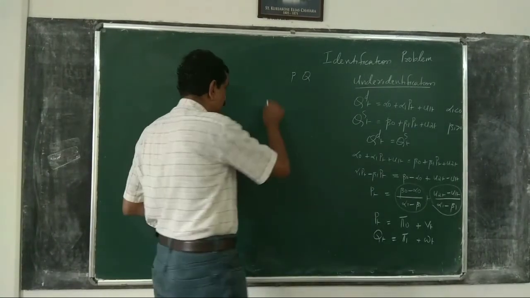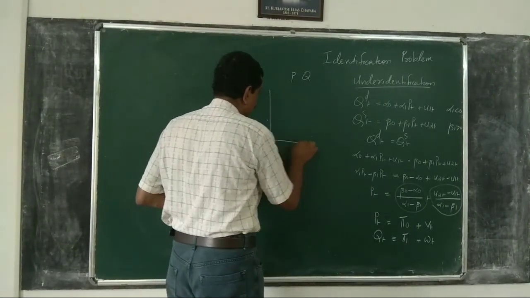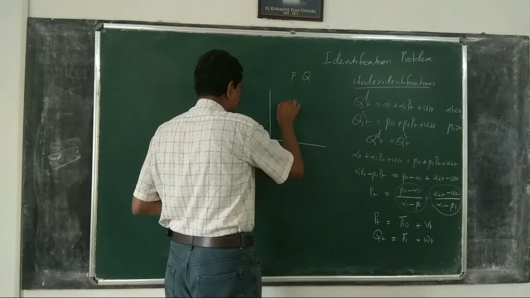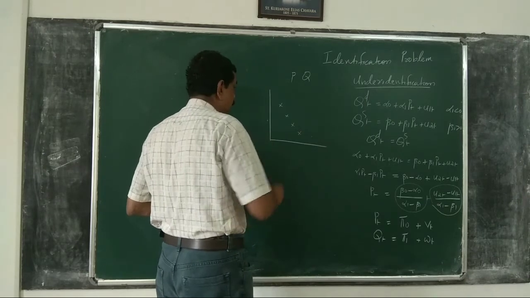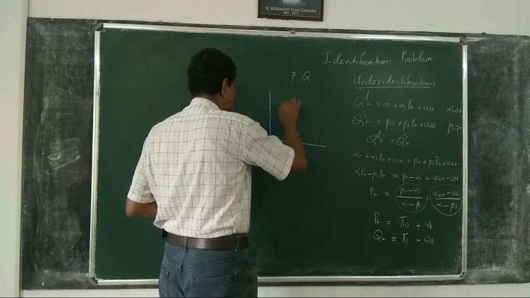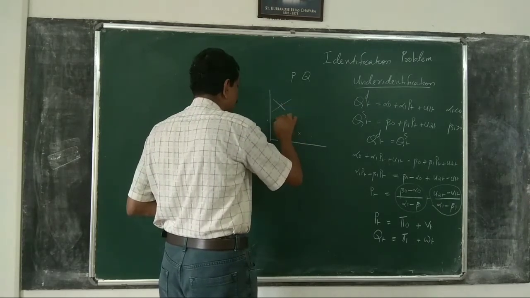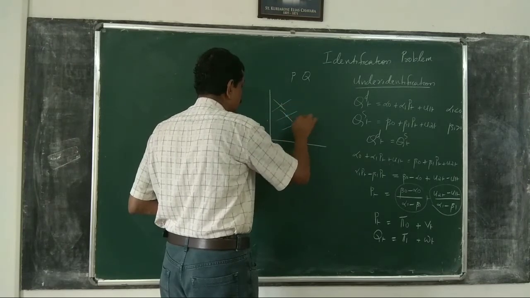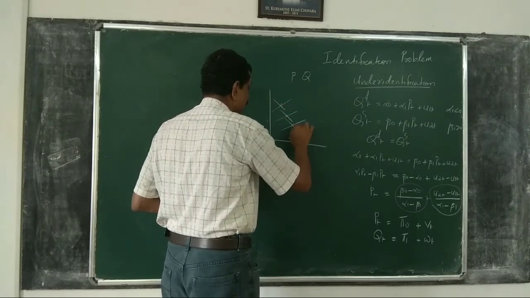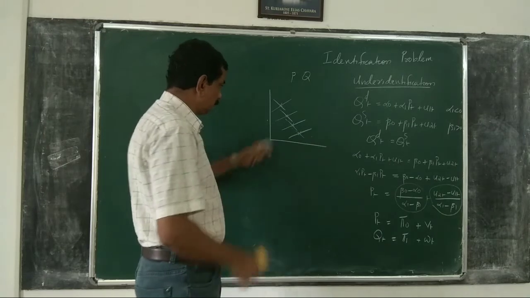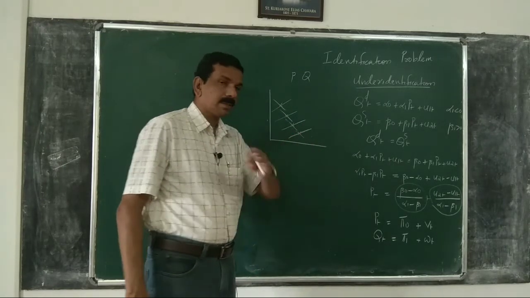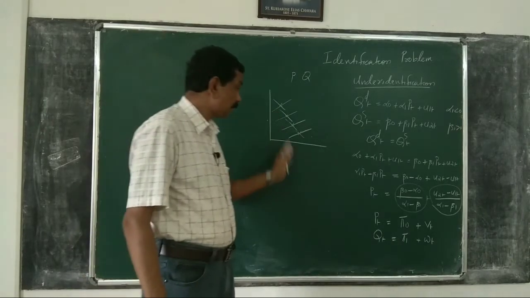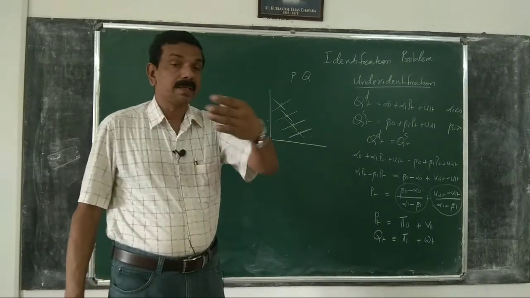The reason is, suppose that the points are like this. These points might have been generated by this demand curve and supply curve, this and this, like this. Even though it looks like a demand curve, it is not generated by the demand curve. It is generated by shifting demand and supply curves.